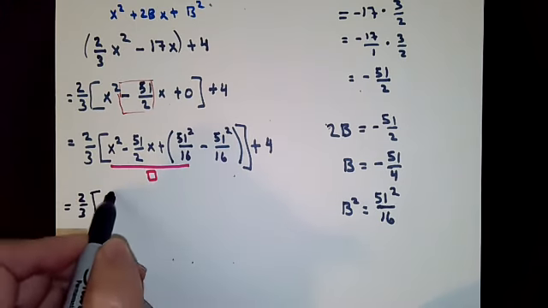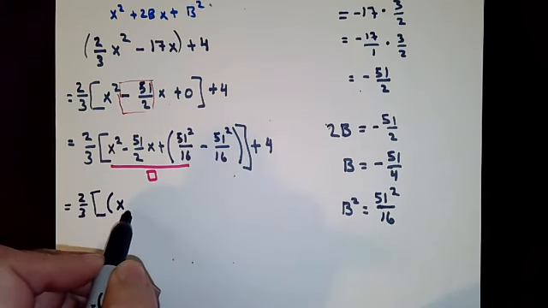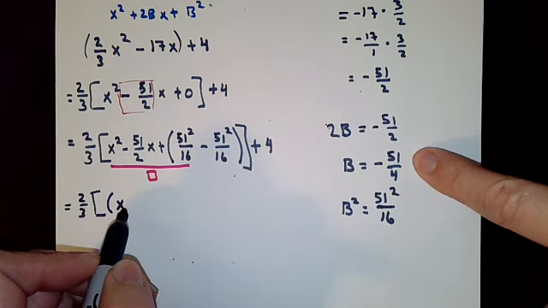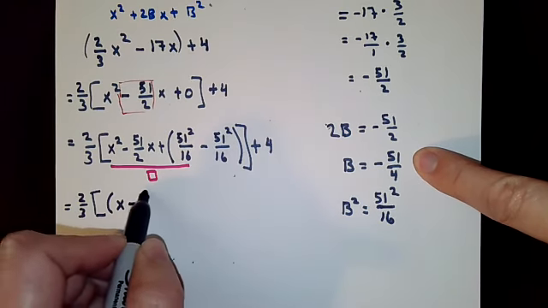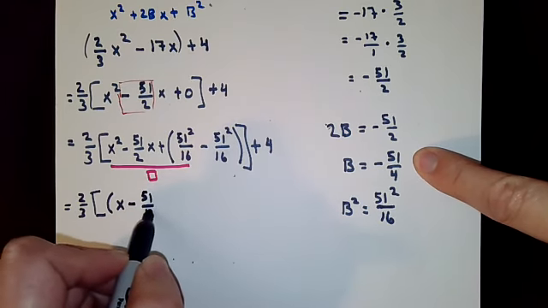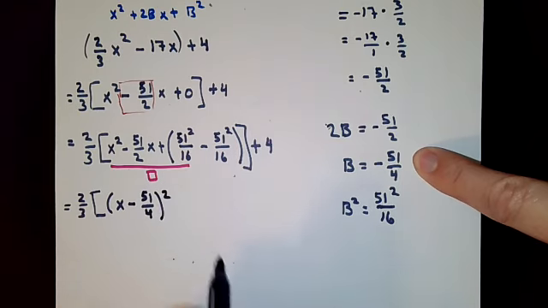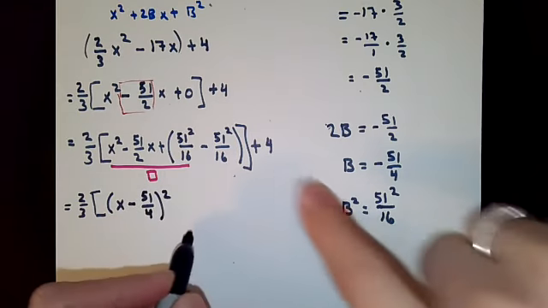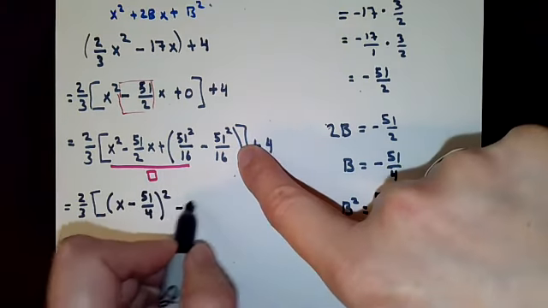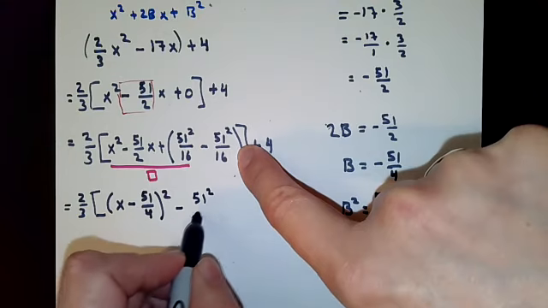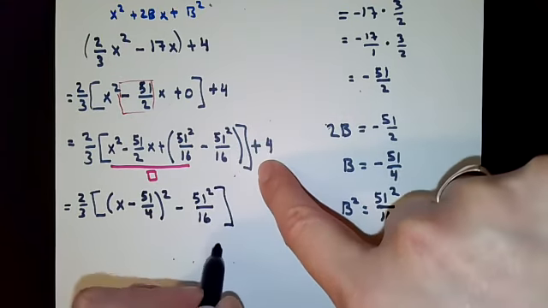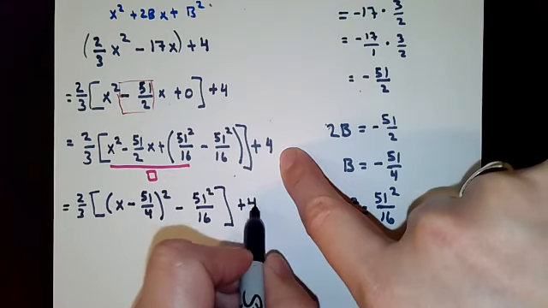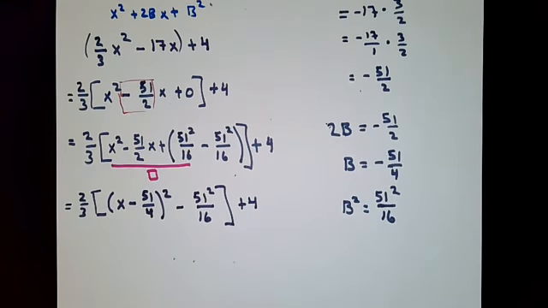They factor into x plus b. Our b value is a negative 51 over 4, so x plus a negative 51 over 4. That's the first 3 terms. We still have the minus 51 squared over 16. Close the square brackets. Still have the plus 4.